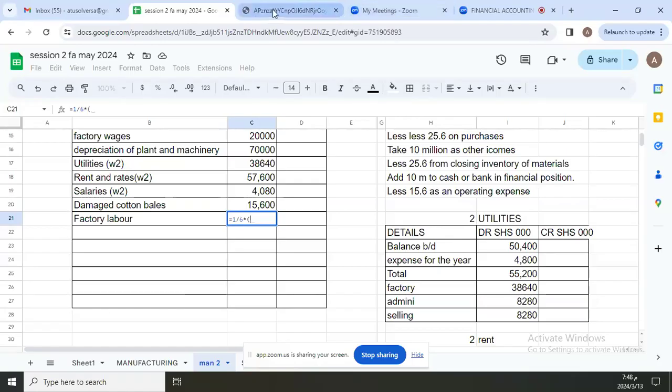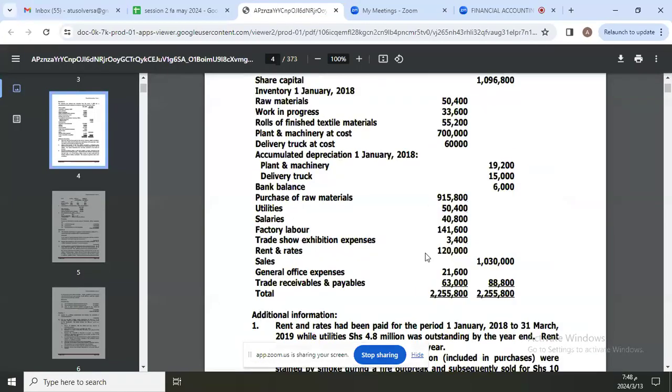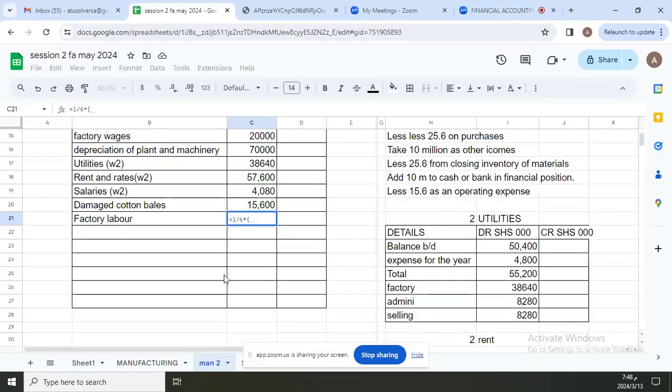Remember the question was saying 141,600. So we multiply by 141,600 minus the 21,600.